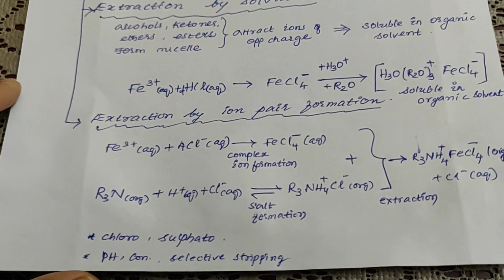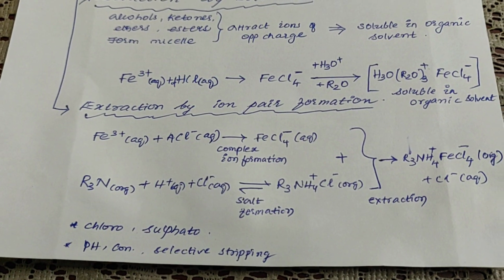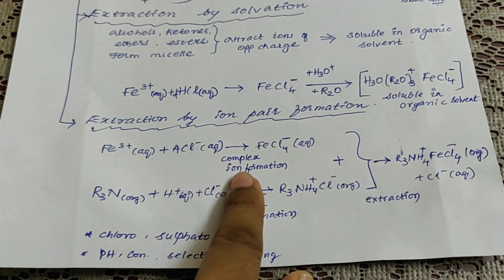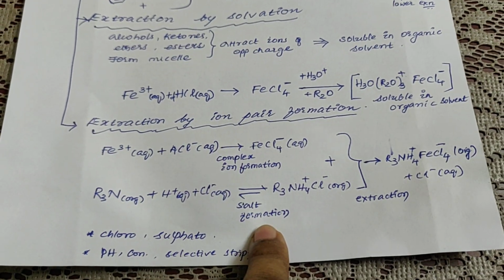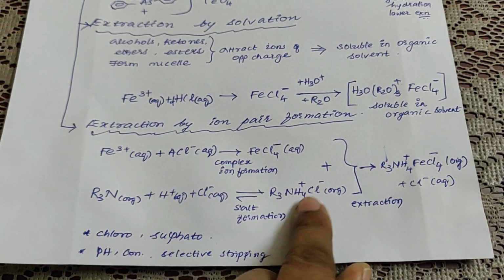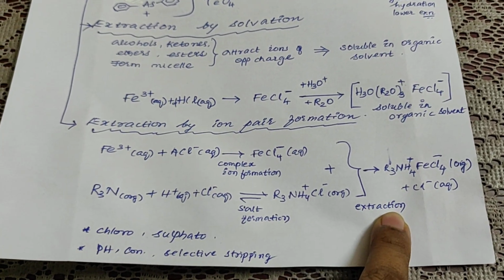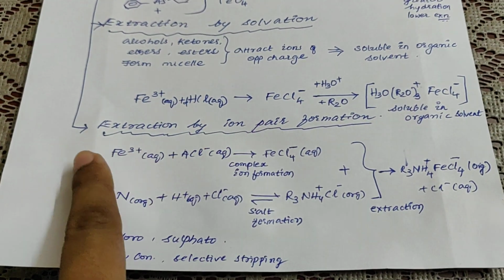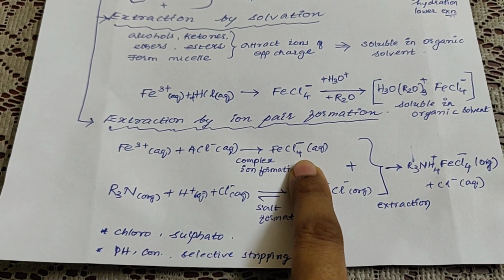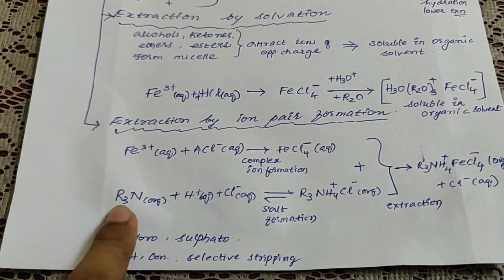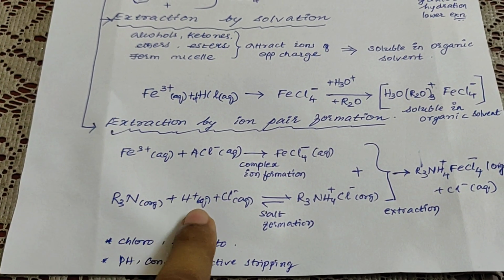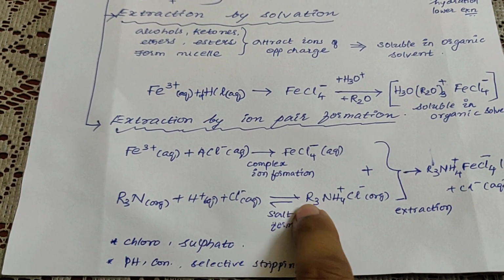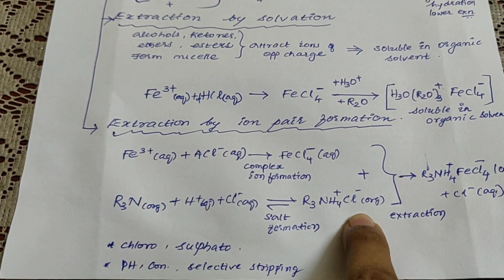When it comes to extraction by ion pair formation, we have three types of reactions. One is complex ion formation, the second is salt formation, and then the complex ion and salt combine, that is, extraction occurs. We are familiar with this equation which we have already studied. Fe3+ gives rise to FeCl4-. When a tertiary amine combines with H+ and Cl-, it gives us R3NH+ Cl-.